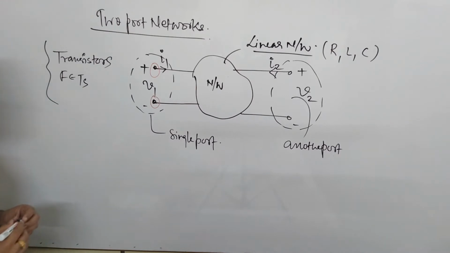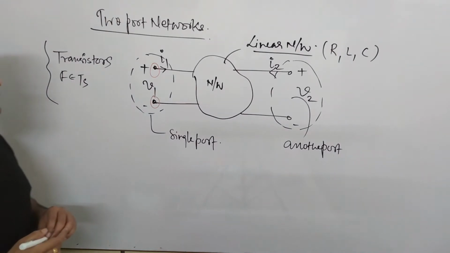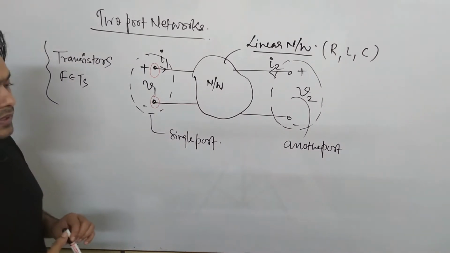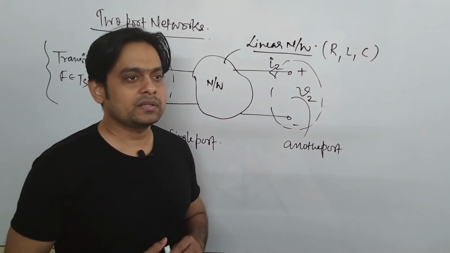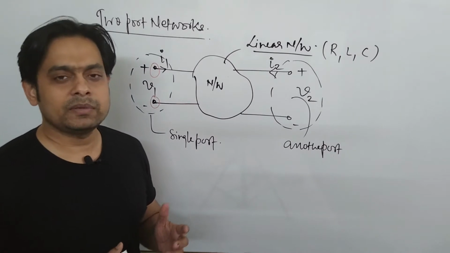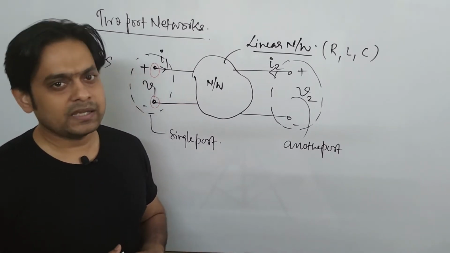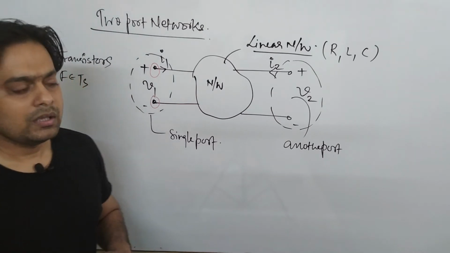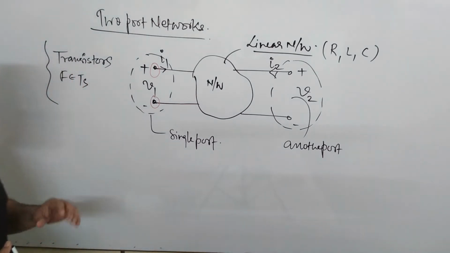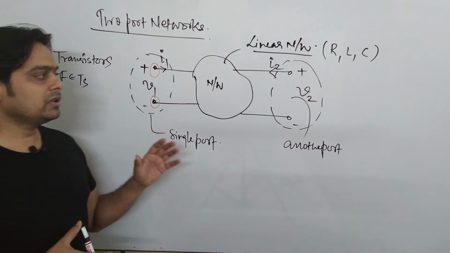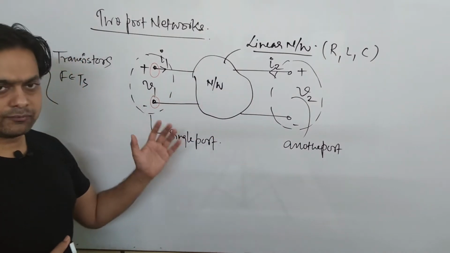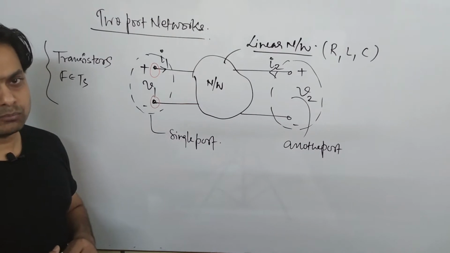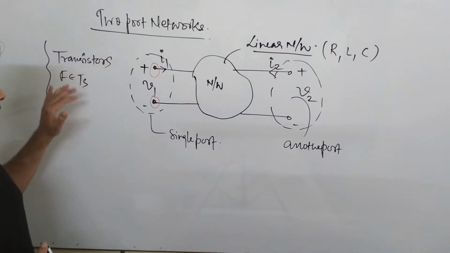So when you have to analyze the models of the transistors and FETs, just to find out various parameters like impedances, admittances, transfer gains, voltage gain, current gain, and transfer impedances also, under that condition you have to convert a network into this form. Basically we call it modeling in your transistors and FETs.